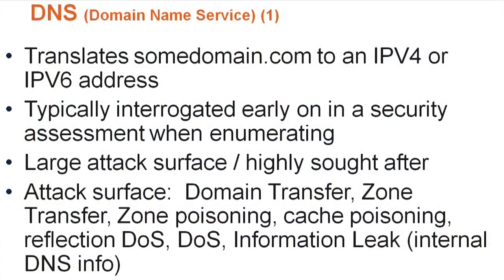We translate domainname.com to an IPv4 or IPv6 address. So there's two types of IP addresses. There's IPv4, which was exhausted earlier this year in 2015. I think it was in August officially. And then IPv6 addresses are now all the rage.